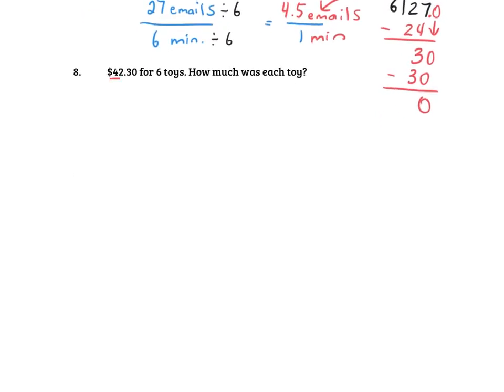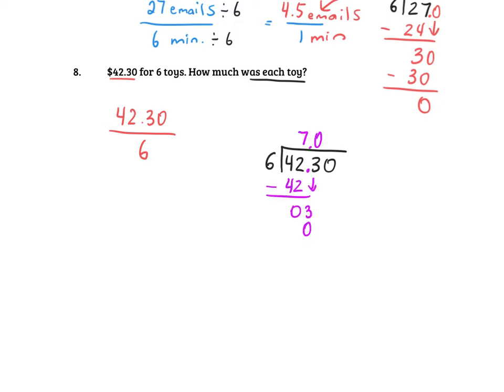It was $42.30 for 6 toys. How do I solve that? For each toy, I need to divide. Do your division, put in what you got first, and then check it with Mrs. Feynman's.